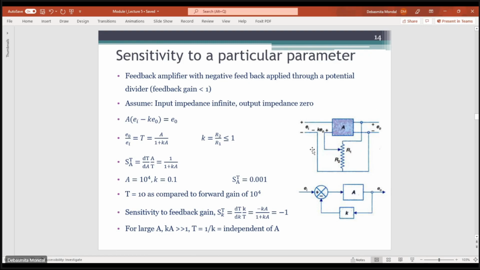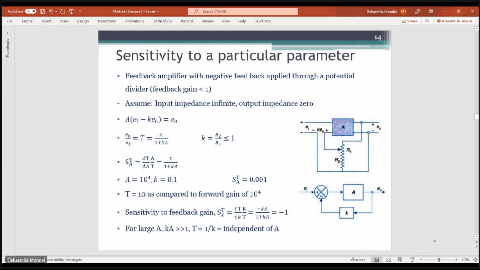Then you can write the transfer function of this system. If you draw the block diagram, you have your input EI, then a comparison, then the forward path gain given by A, and the output E0. From E0, through the feedback potential divider, the signal comes back.